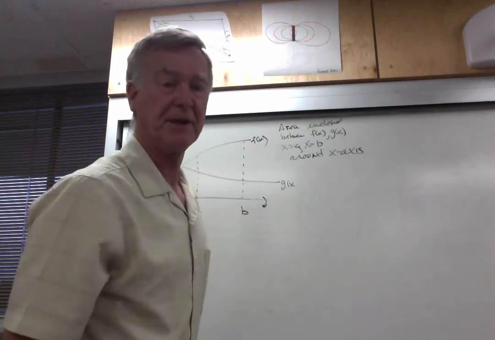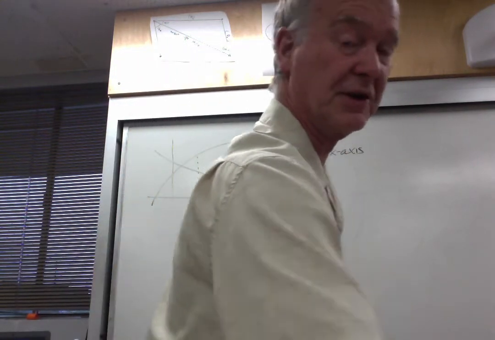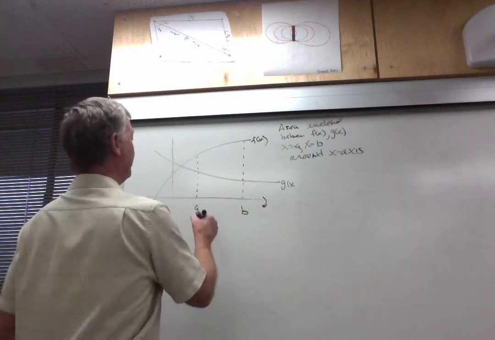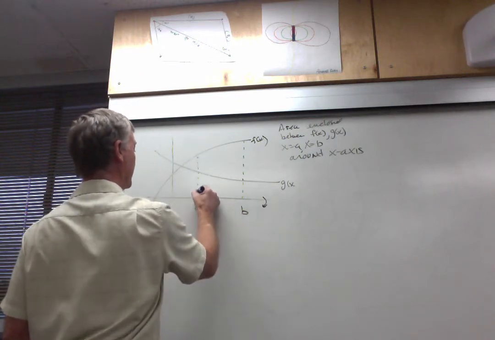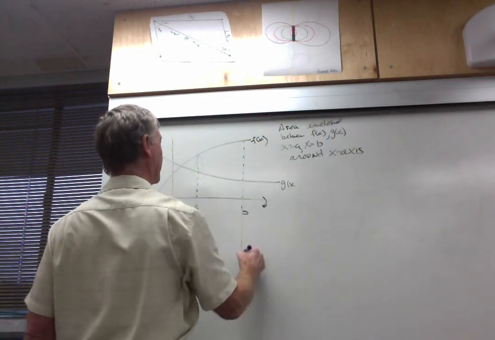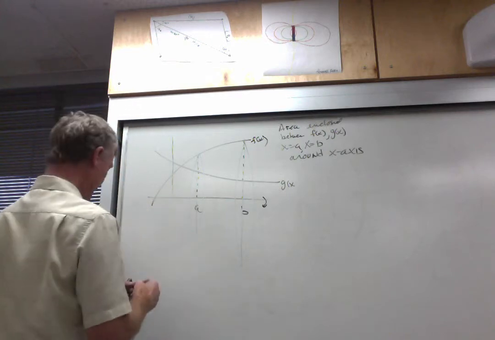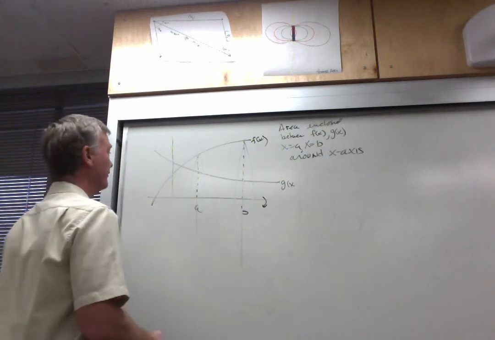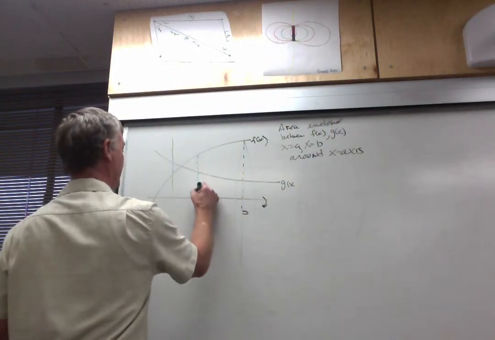Now, if you stop and think about what's going to happen here, and let me use a different color, we'll see if we can see that. You're going to have this shape here, like this, and this one, but then you are actually going to be cutting out from the inside this shape.